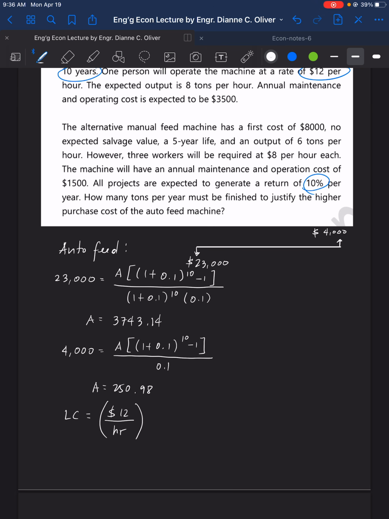Convert that into yearly because we have here 1 hour per 8 tons. The expected output is 8 tons per hour.